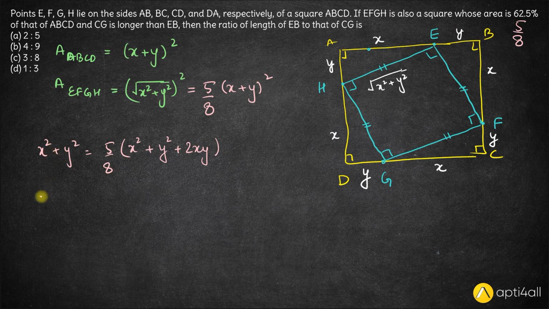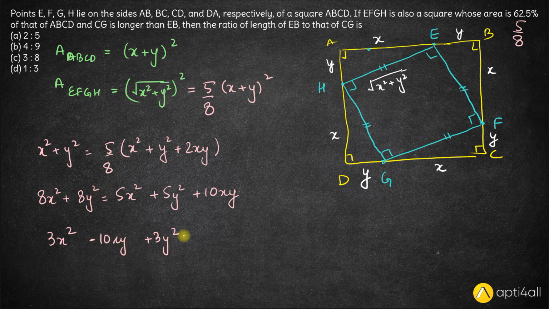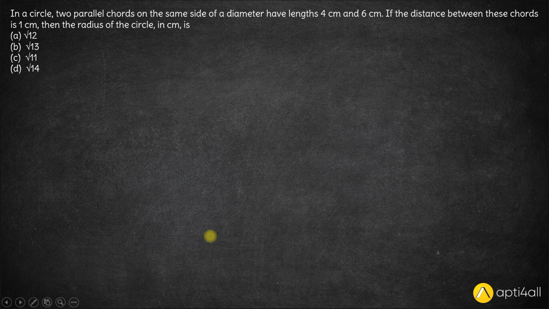Cross multiplying it here, we have 8X square plus 8Y square is equal to 5X square plus 5Y square plus 10 times X into Y. Bringing all the terms on the left hand side, we have 8X square minus 5X square is 3X square. 8Y square minus 5Y square is plus 3Y square. And 10XY becomes minus 10XY. This is equal to 0.